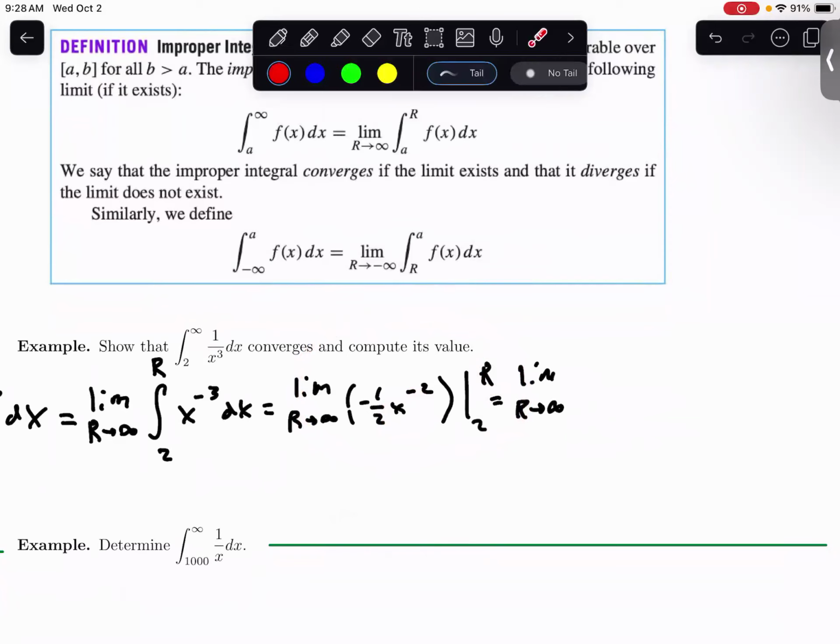So I'll plug in x is equal to r, and then subtract from that what you get when you plug in x is equal to 2. I'm going to pull out the minus 1/2. So this is really minus 1/2 times r to the minus 2, and then minus 2 to the minus 2.